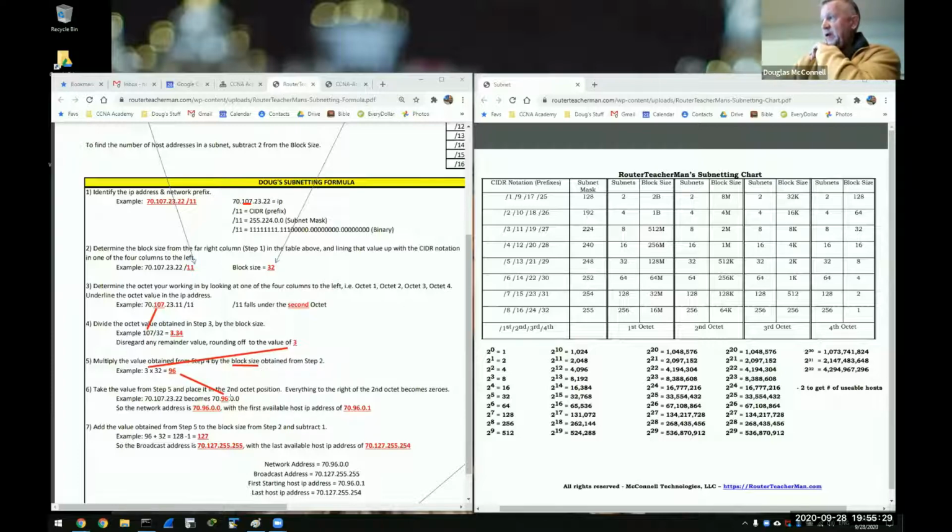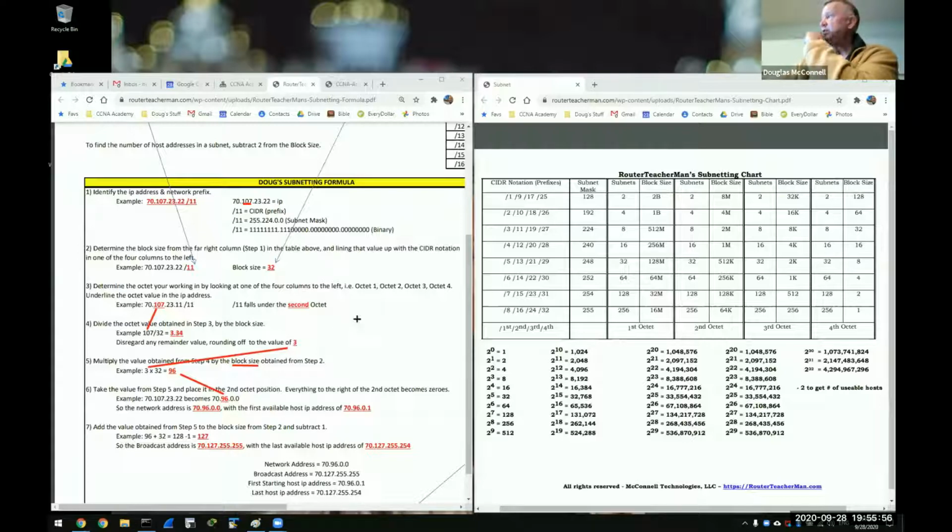And then everything to the right of the octet becomes a 0. So what is my network address that I've discovered from step number 6? It's 70.96.0.0.